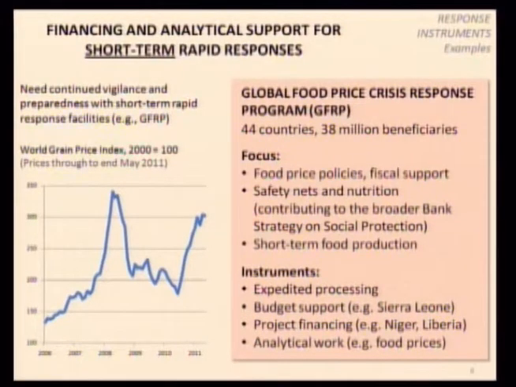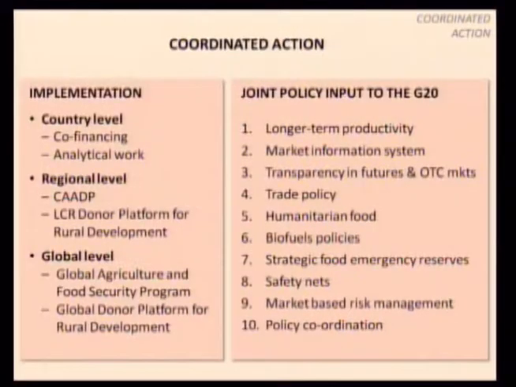So finally, I just have one last slide on the coordinated action. And I think this comes back to the G20 agenda on implementation of scale-up of financing support to productivity growth. What we already have is a G20 commitment at L'Aquila to provide $22 billion in additional financing to scale up longer term productivity growth and improve resilience.